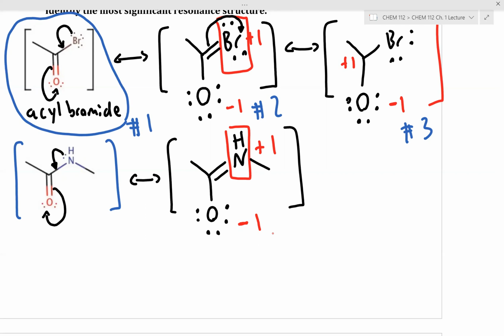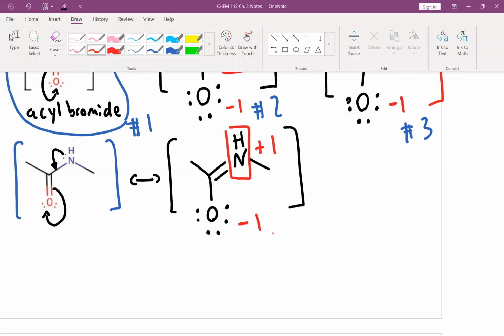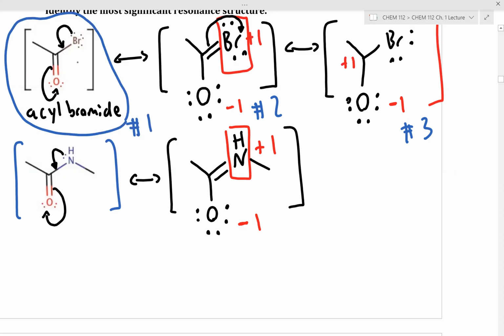We'll talk about the implications of that in a moment. Now, for our last throwaway contributing structure, you can draw a structure that violates the octet rule, which looks a little bit like this.